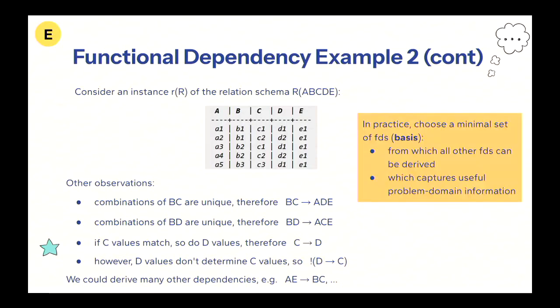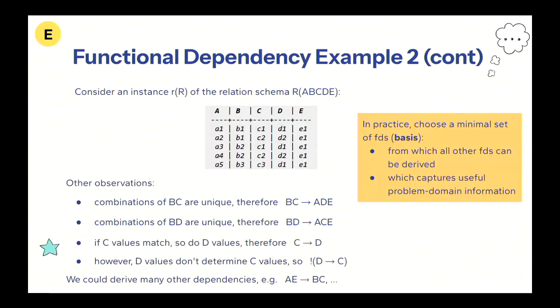And how do we systematically determine all the dependencies? You may think there are a lot of dependencies we can extract from this table, but how do we systematically deduce all the dependencies? So in practice, we can choose a minimal set of functional dependencies as the basis.